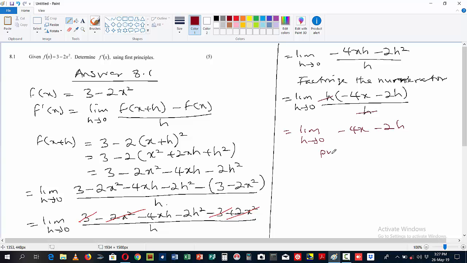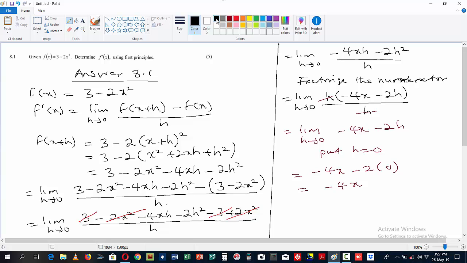Put h equal to 0. That is, anywhere you see h, you have to put 0. So therefore, we are going to have minus 4x minus 2 into 0, which is going to give us minus 4x.